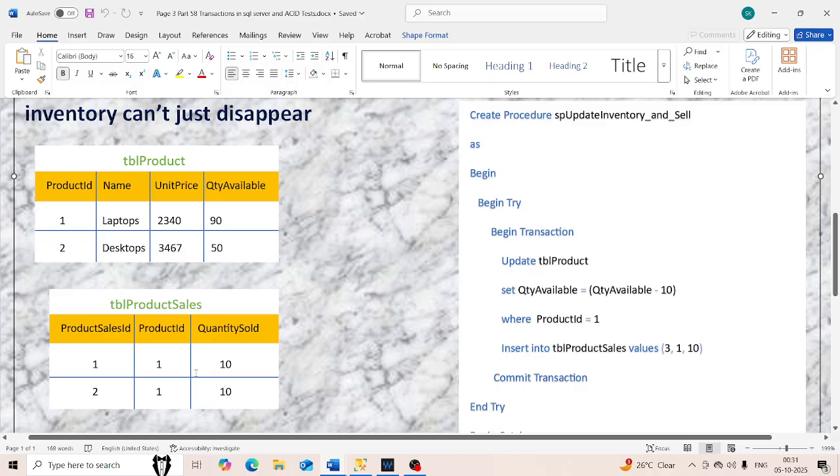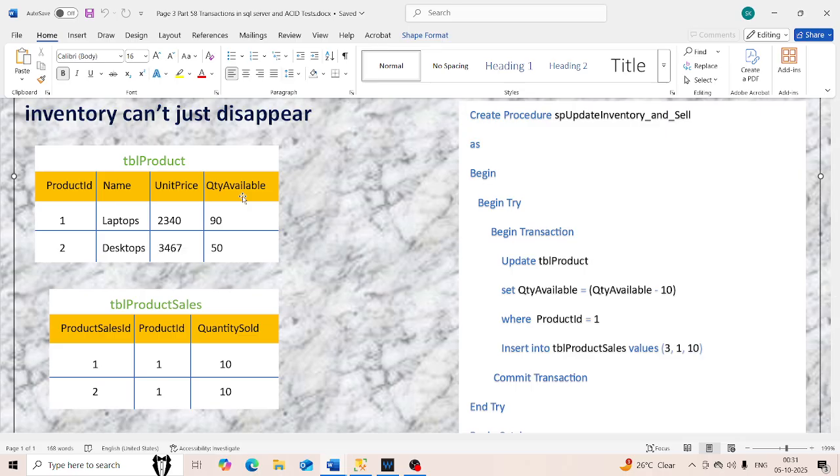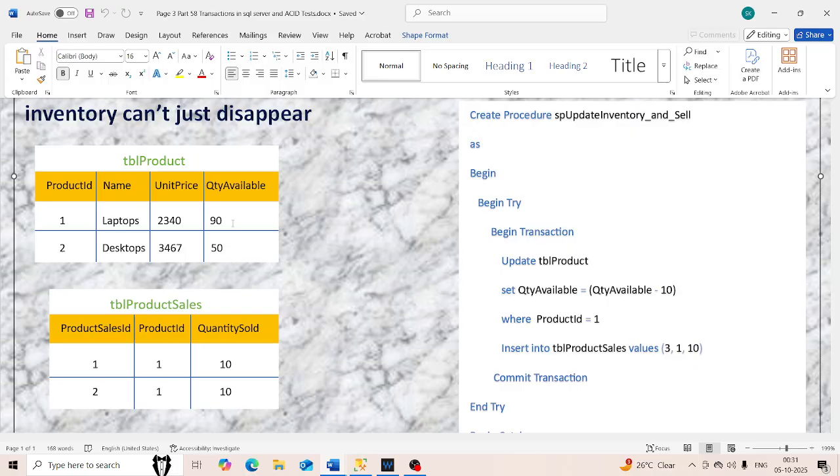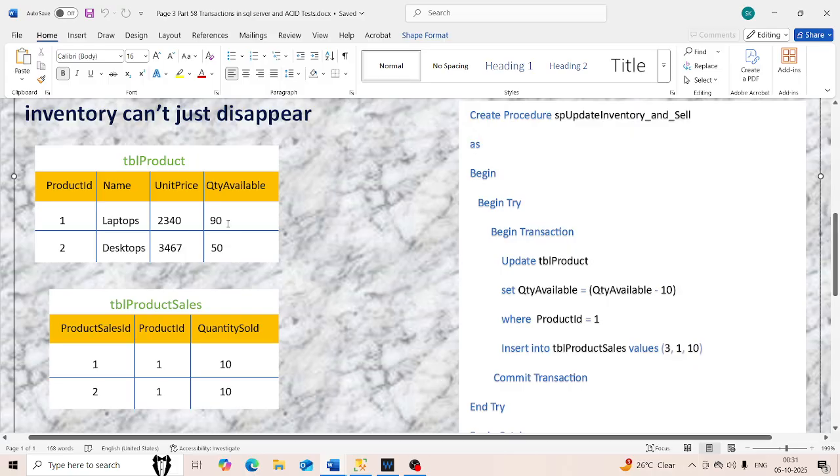So when we sell a product, two things should happen. First, we should check the quantity available. Let's say, for example, I am selling 10 laptops. The first thing that I have to do here is to check, okay, what is the quantity available for laptops? 90.